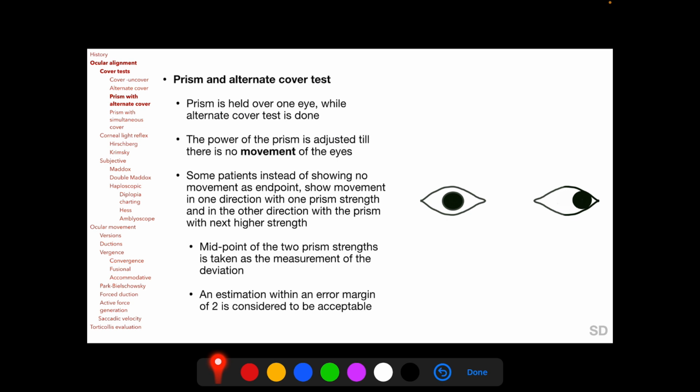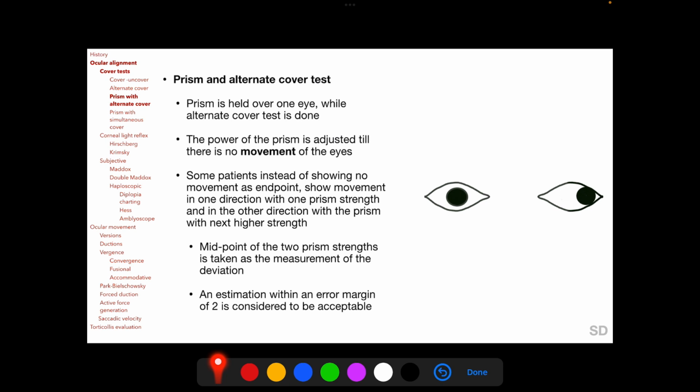Some patients, instead of showing no movement as endpoint, show change in direction of movement, that is, movement in one direction with one prism strength and in the other direction with the next higher prism strength, and the midpoint of these two prism strengths is taken as the measurement of the deviation between the two eyes. And an estimation of ocular deviation with an error margin of 2 prism diopters is considered to be acceptable.